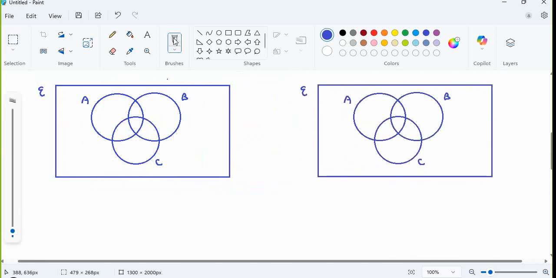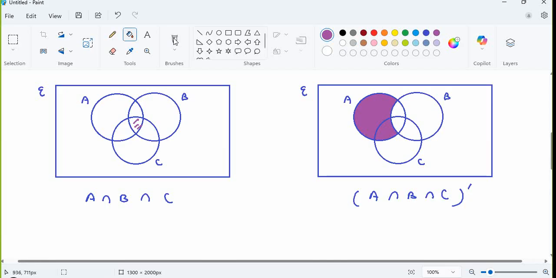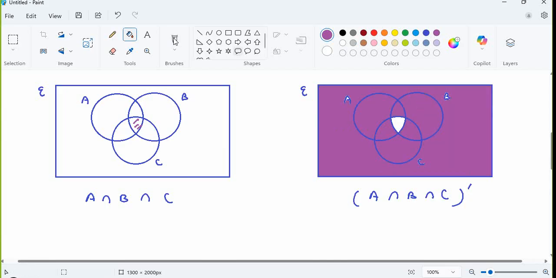So A intersection B intersection C will be this part, and the complement of A intersection B intersection C will be outside of this. So this will be the answer.